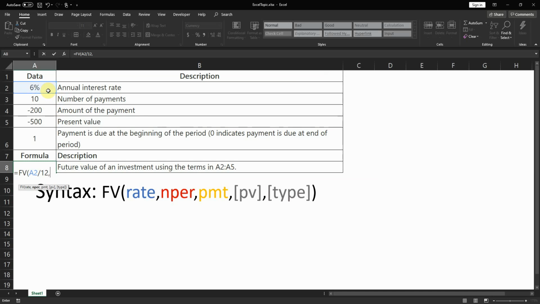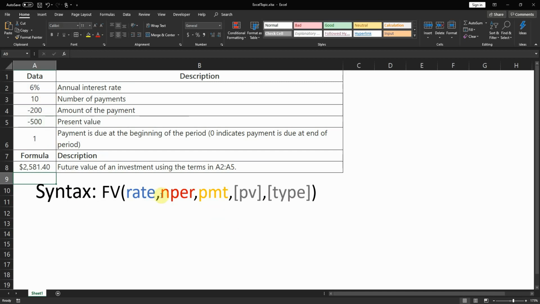And for nper, we have 10 periods, then the payment amount, the present value, and then the type. Then we close our formula with a closing parenthesis and press enter.